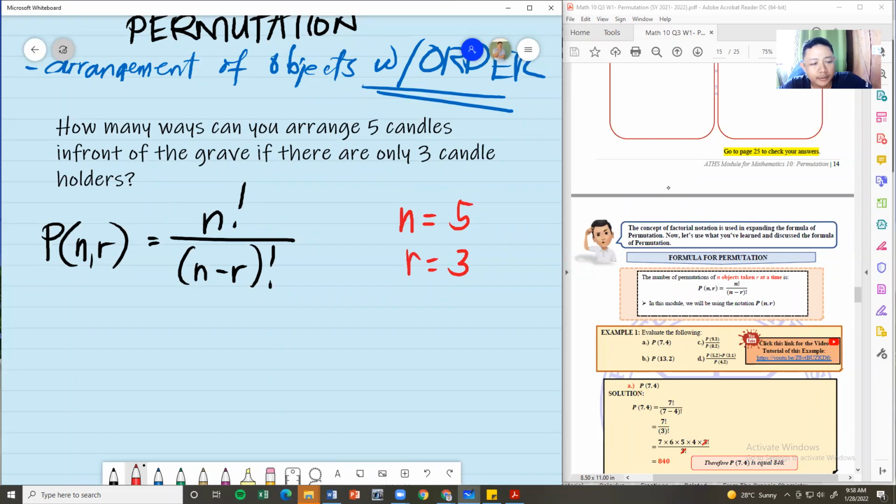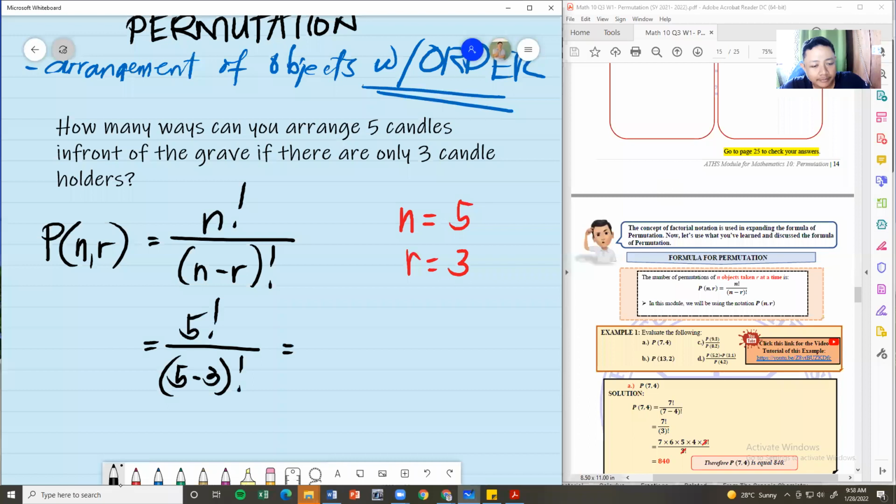Okay, so therefore we will have here. Tignan natin ha. A while ago, our answer was 60. Let's see if we will arrive at the same answer, which is 60 as well. So we will just substitute. We will have 5 factorial over 5 minus 3 factorial. Can you follow?